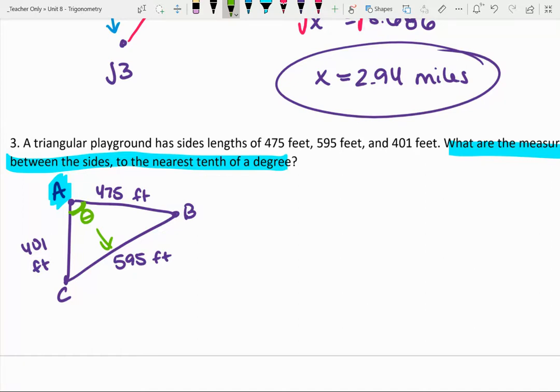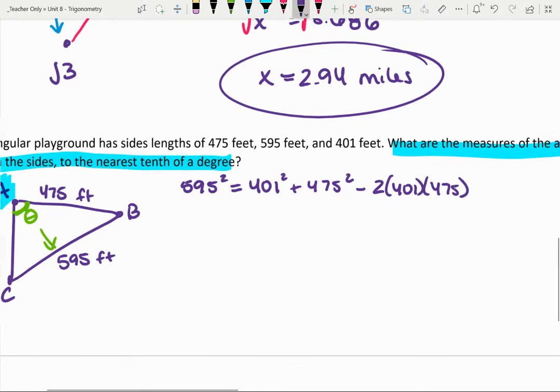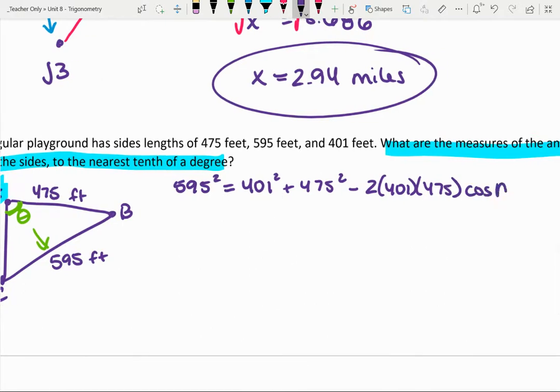So when I set up this law of cosines to find angle A, I'm going to have 595 squared on the left-hand side of the equation, and then I'm going to have the sum of the squares of the other two sides on the right-hand side, minus 2 times 401 times 475 times the cosine of our unknown angle A.